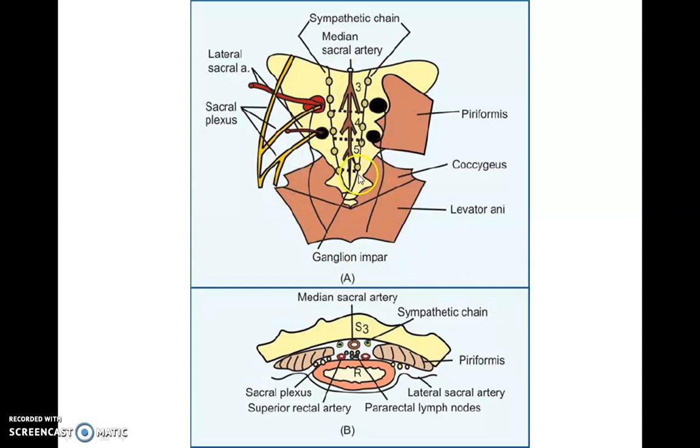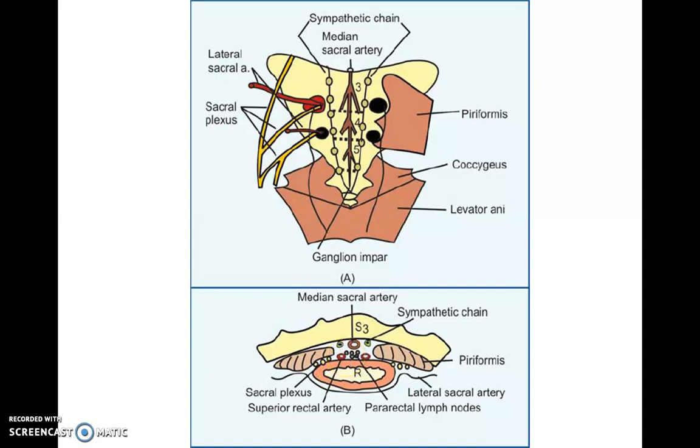It is related in the midline to the lower 3 pieces of sacrum, coccyx, anococcygeal raphe, ganglion impar, which is formed when the sympathetic chains of both sides unite, median sacral vessels and also the superior rectal artery.